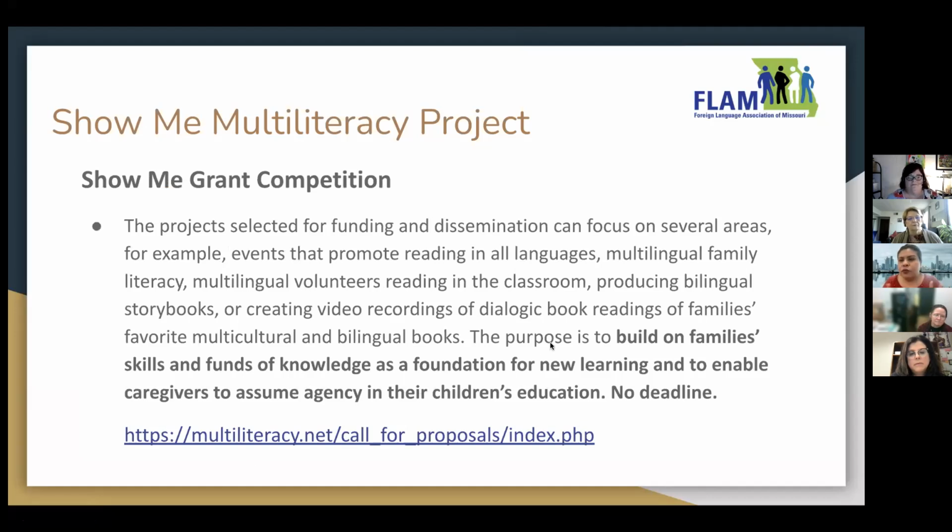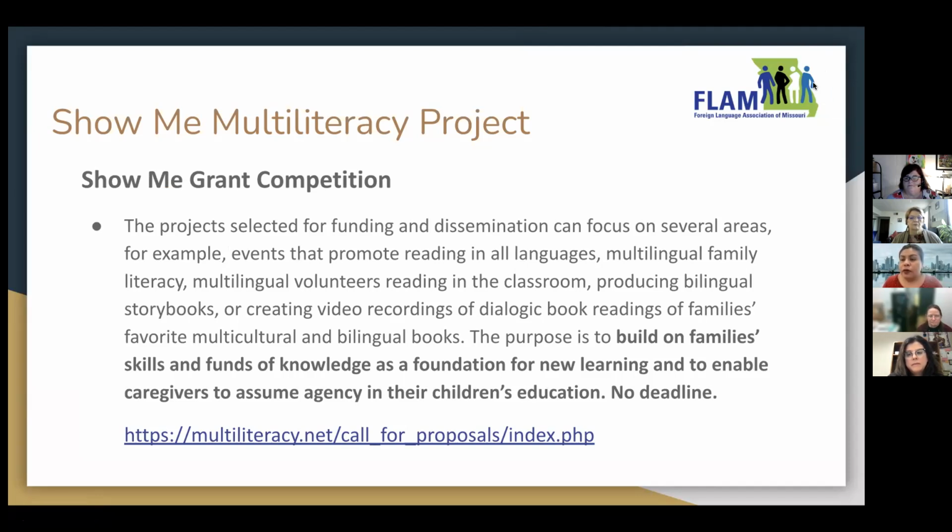So just to mention that, probably you know about them, they have the Show Me grant competition. In that one, we're talking about different projects that connect with community. I really like this because in a certain way, you have an opportunity to build on families' skills.